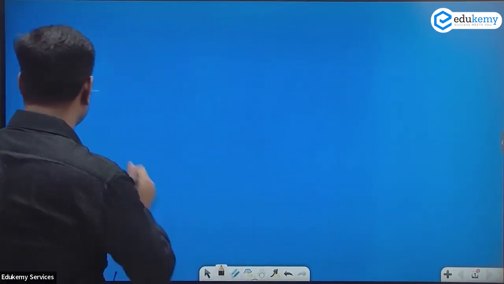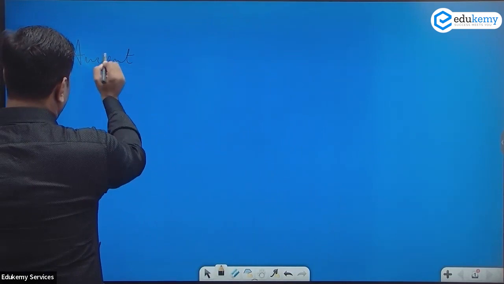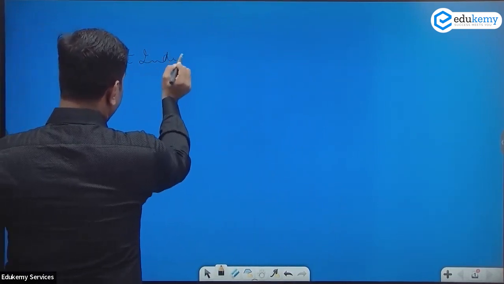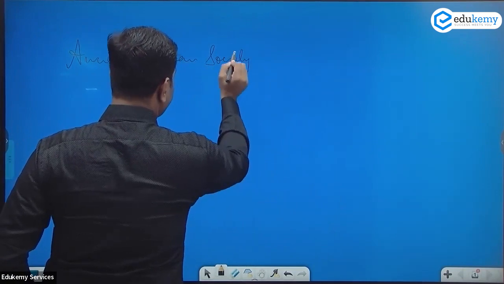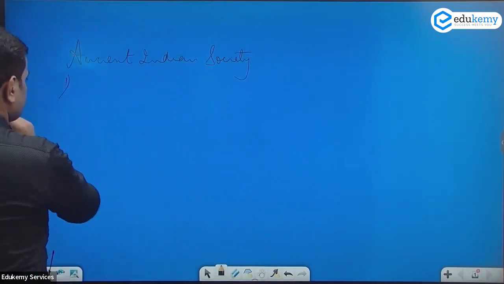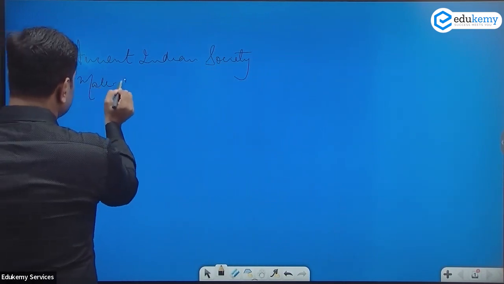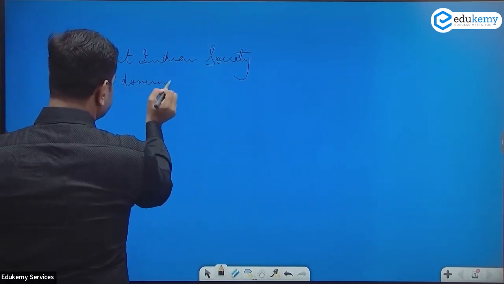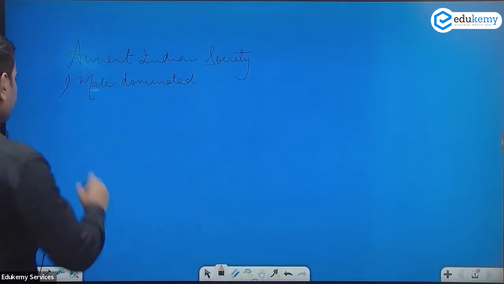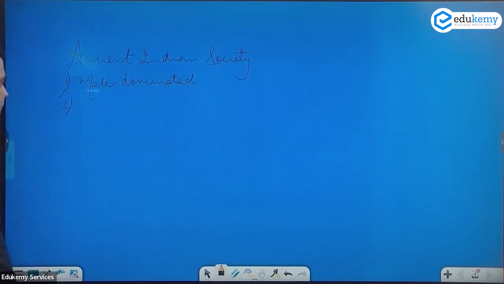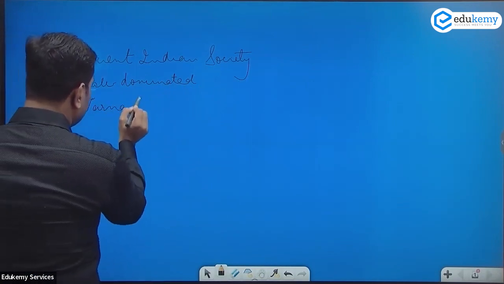So if we look into ancient Indian society, we will summarize the major features. What were they? First was the patriarchal or male-dominated society. Second major feature was that it was marked by varna distinctions.